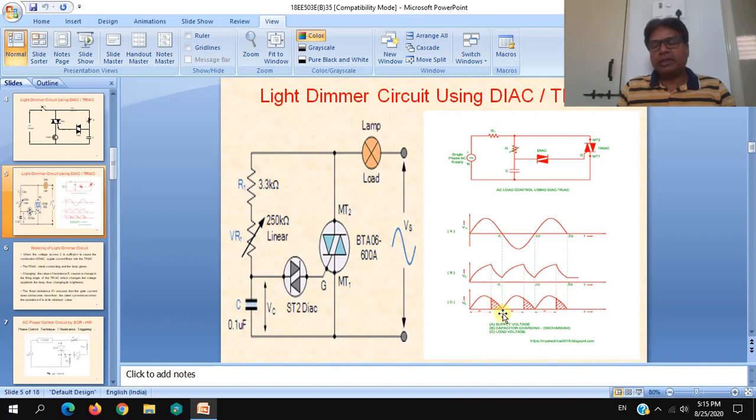So the lamp will glow, or the supply will be given to the lamp only during these periods, and in this case the lamp will be dimmed, or the brightness of the lamp will be decreased.